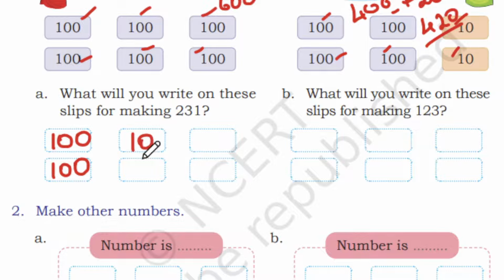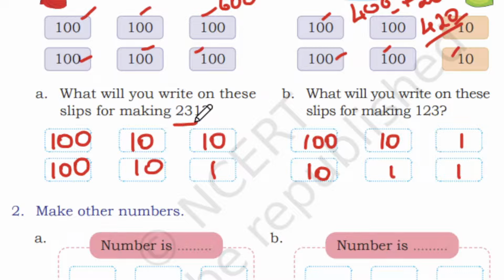So 1, 2, 3. So we have 3 tens and we have 1 one. Next, what will you write on these slips to make 123? So for 123, how many hundreds do we have? We have 100, and tens we have 2, and ones we have 3.